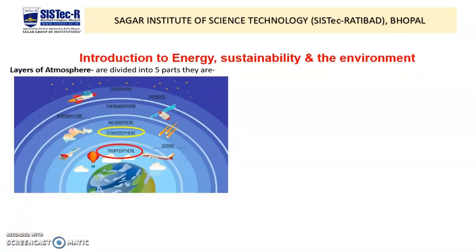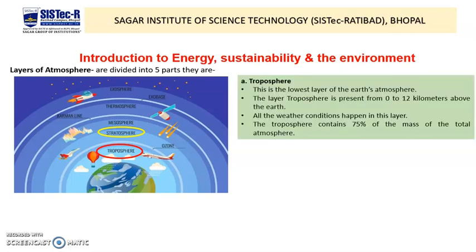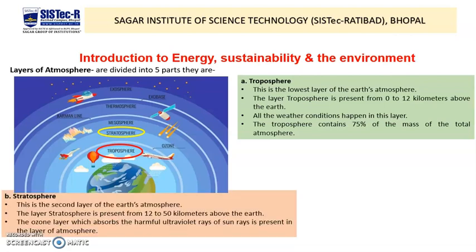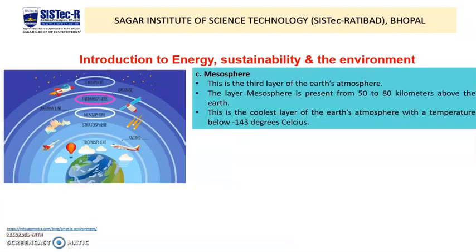Layers of atmosphere. There are 5 parts. First is troposphere. Second is stratosphere. Third is mesosphere.